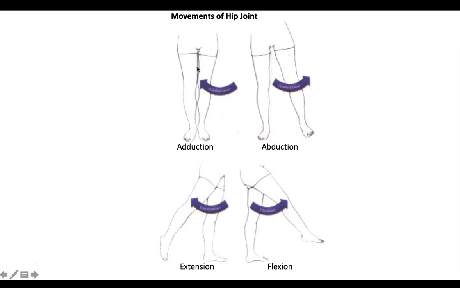For adduction of the thigh, the adductor group or medial group of muscles are the main adductors: adductor longus, adductor brevis, adductor magnus, and gracilis. The abductors of the thigh are mainly the gluteal muscles: gluteus medius, gluteus minimus, and tensor fascia lata.